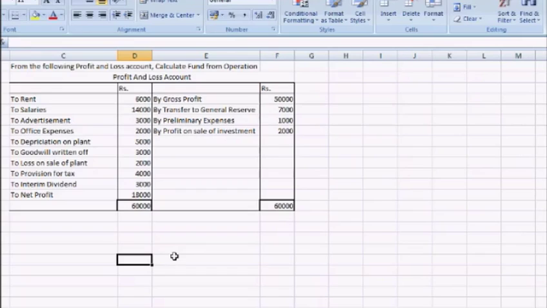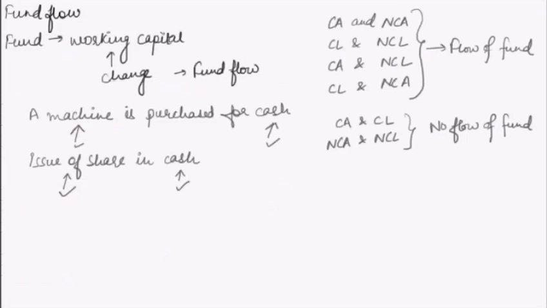So you can see the question, and I'll show you how to solve this question and how to calculate the fund from operation. So we'll start with the net profit.